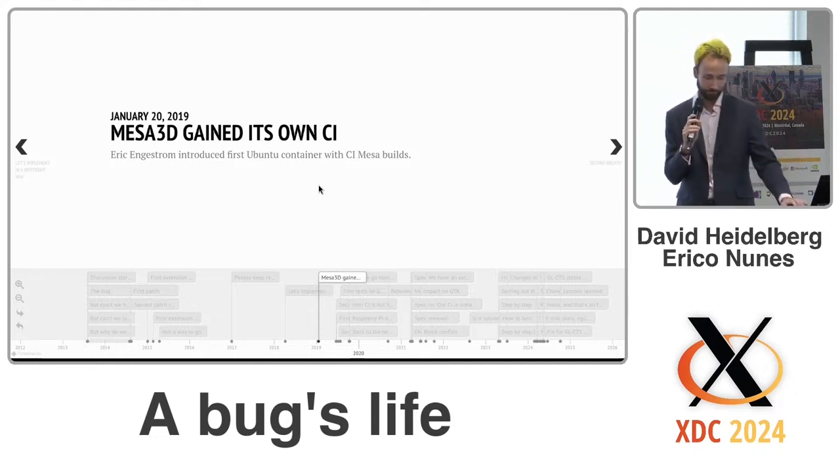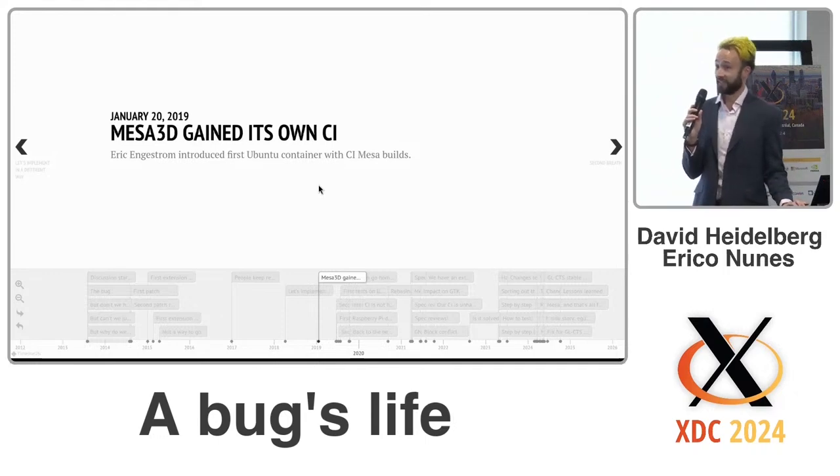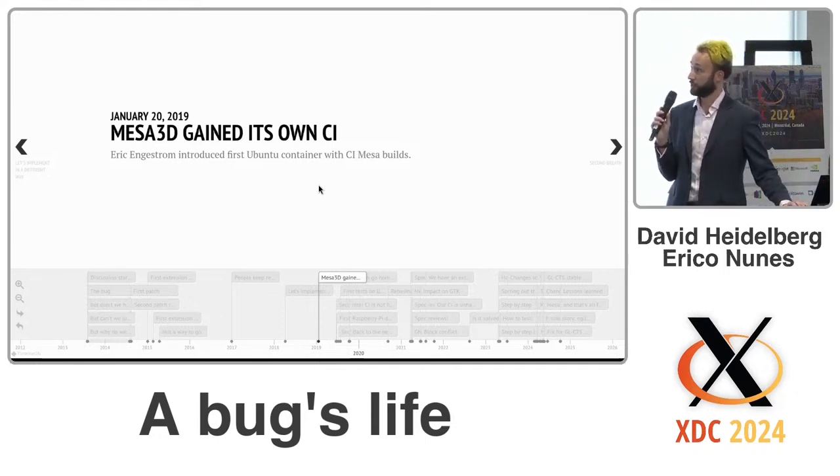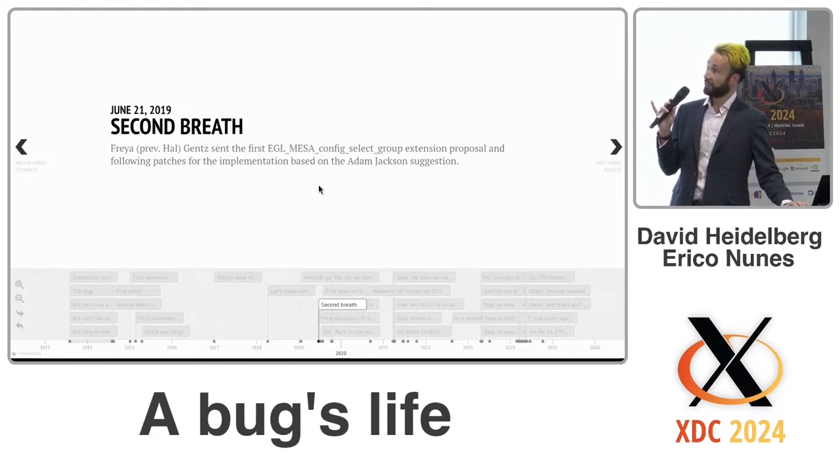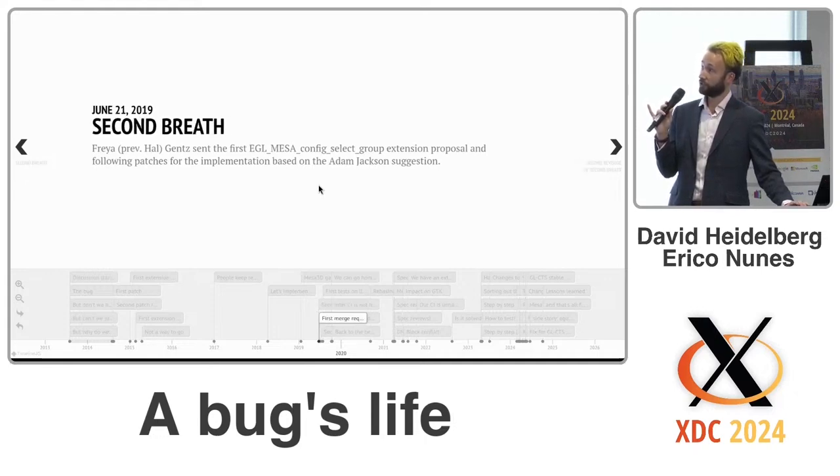But with Mesa CI, we got a little bit of coverage. I think this is just build stuff, so that's not yet that relevant. But here is a second thread, with Freya sending the better extension proposal and some suggestions.